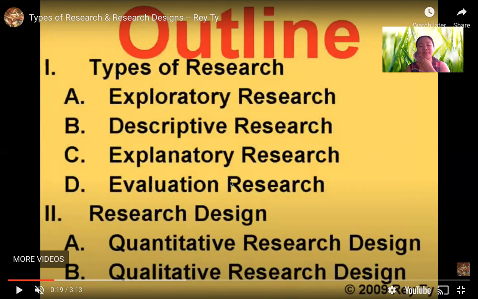But when we speak of design, it's strictly quantitative or qualitative research design. But when you say types of research, that could be descriptive, exploratory, or explanatory, evaluation research. And both of these types of research are not only specific to qualitative, but both can also be quantitative.